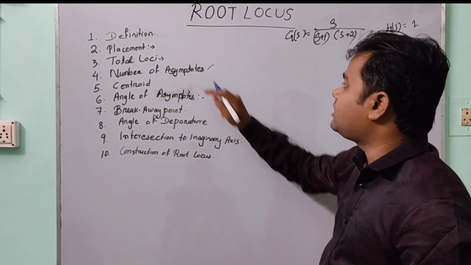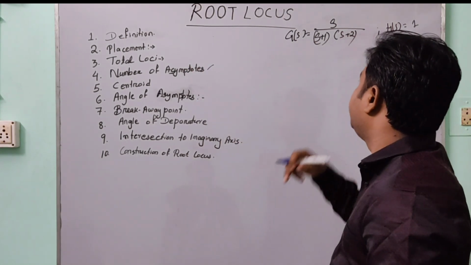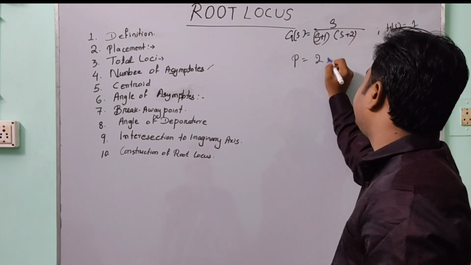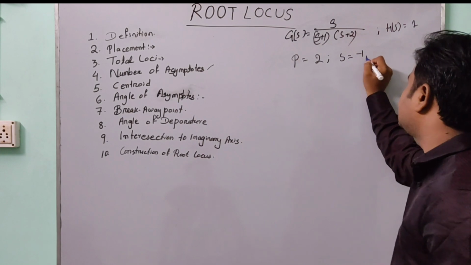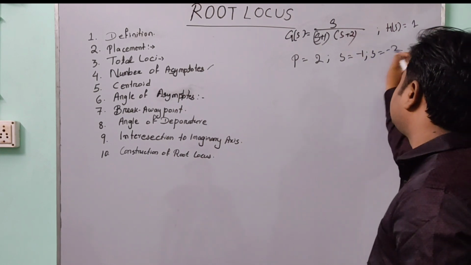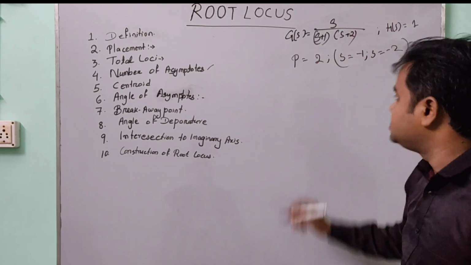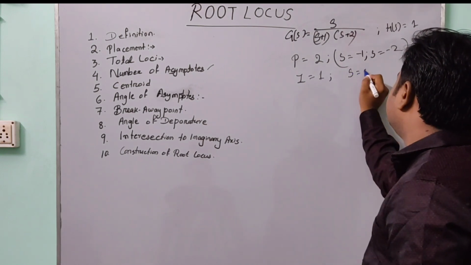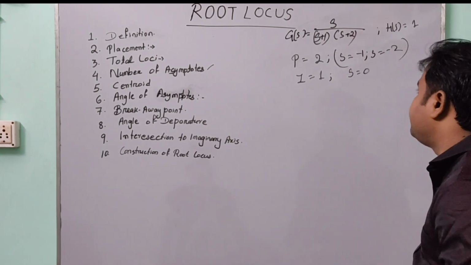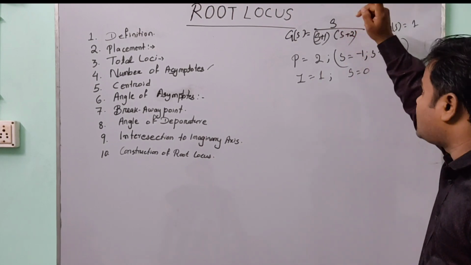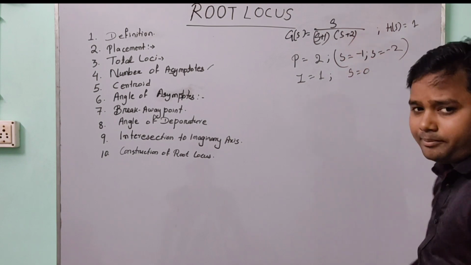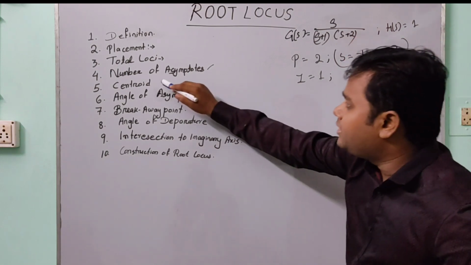So I will study here the number of loci. Here the number of poles is 2, that is s equal to minus 1 and s equal to minus 2, and the number of zeros is 1, that is at s equal to 0. So now we will go for the centroid.